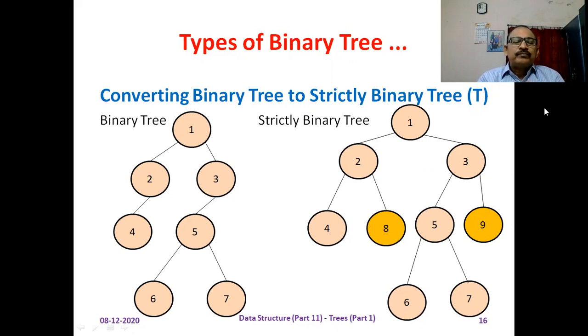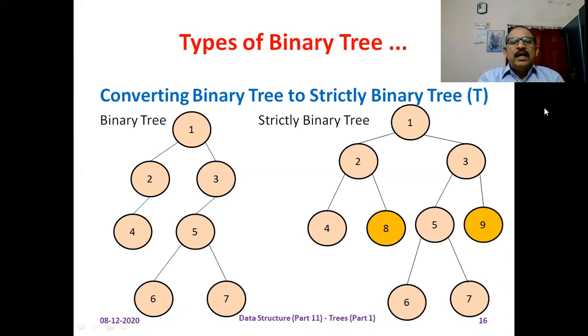Let us see. Here you can see on the left hand side of the figure, node 2 has only one child node. Therefore, we add one additional node to node 2. Here we take a node 8 and make this node a child node of 2. Now 2 has two children.